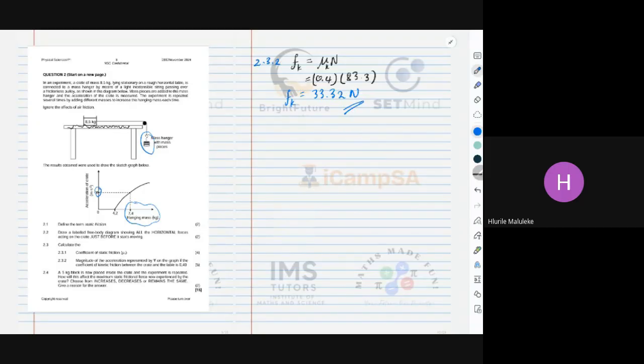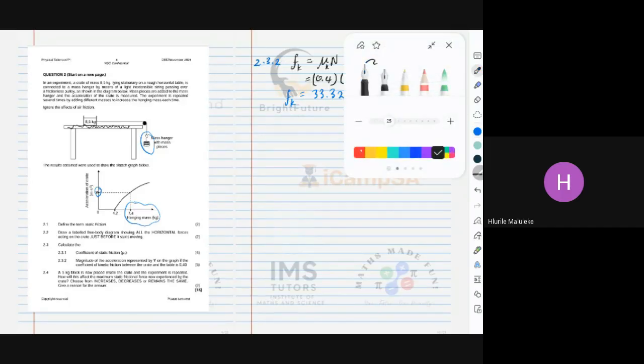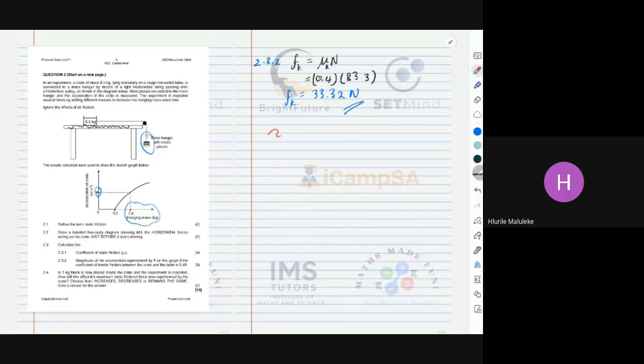Let's start with this box. Let's use F net equals ma. So this is the a that we want, right? F net, we know that we have the friction, and then we have also the tension here. We've done it before.